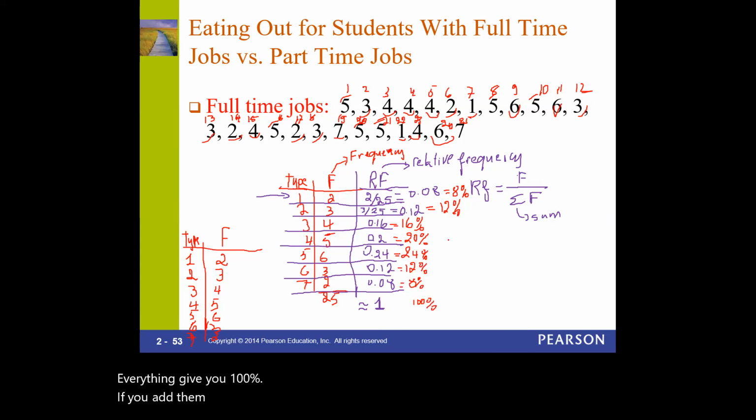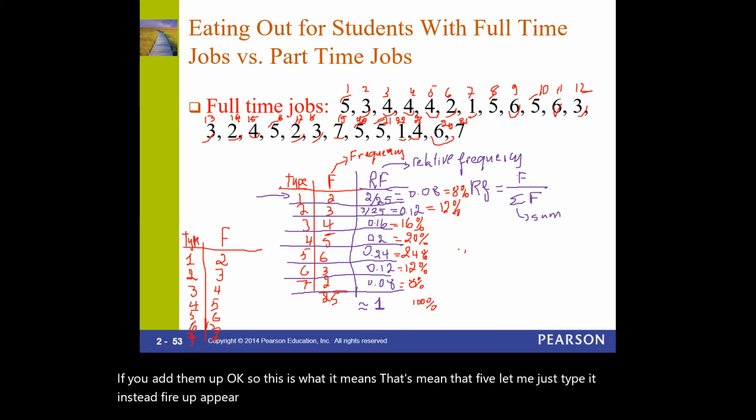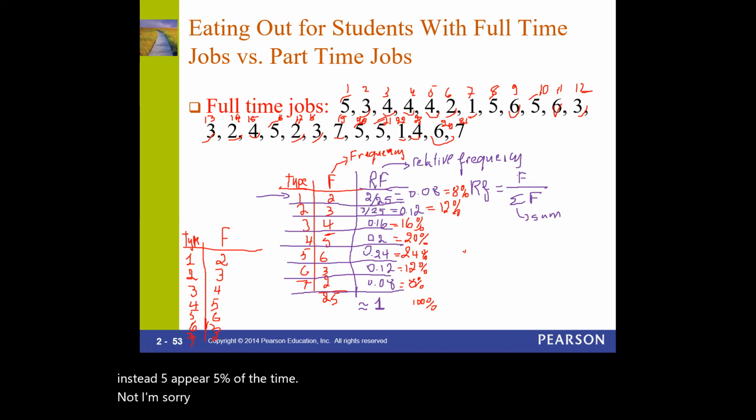Okay, so this is what it means. That means that number 5 appears 24% of the time.